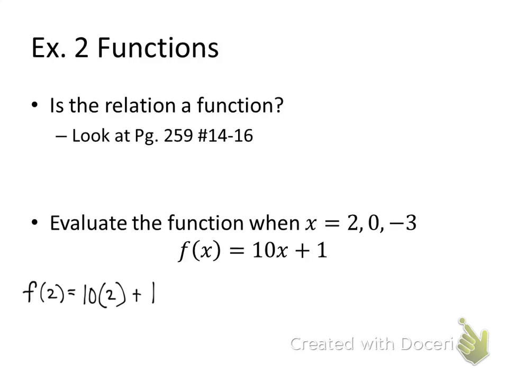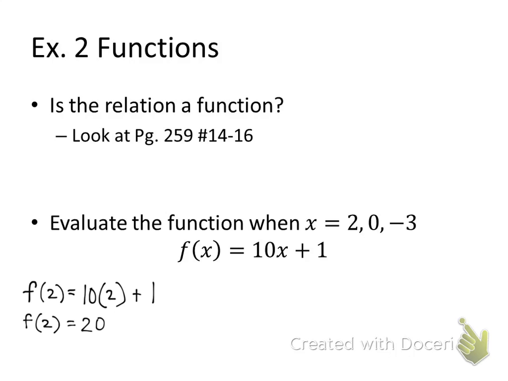Now here's the thing about this problem. The f of 2 is not an actual part of the problem that you will be solving. This f of 2 will stay all the way down because basically we're saying for the input of 2, this is what I get as my answer. So it would be the same as if it was a y or any other letter that is not part of the equation. So we're only solving this side right here. So what's 10 times 2?